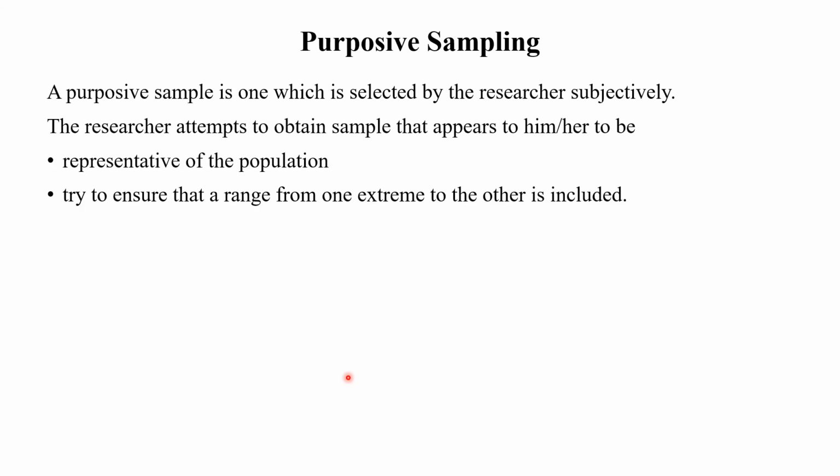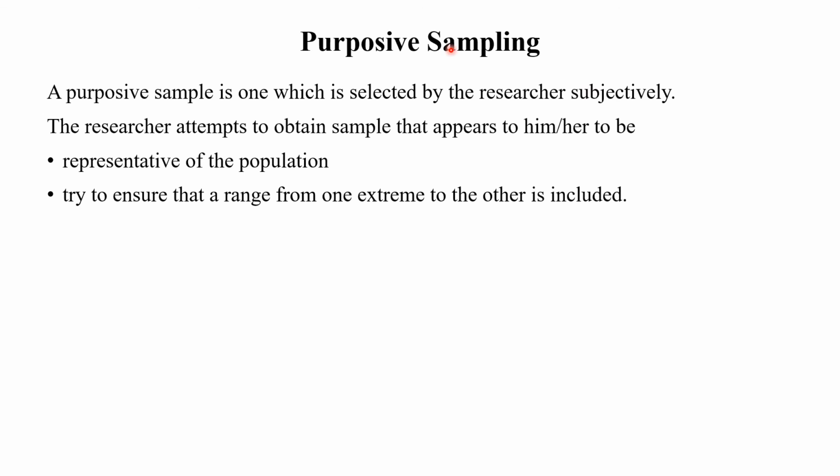Describe. Purposive sampling is one which is selected by the researcher subjectively for some reason. Right? Example, you want to study the lecturers of public universities. You selected University of Malaya. Ask why University of Malaya. You may say, oh, that's the oldest university, the first university in the country. If that is okay, fine.